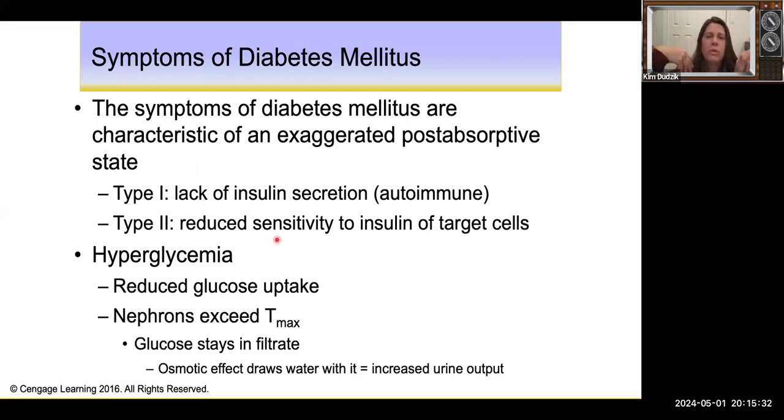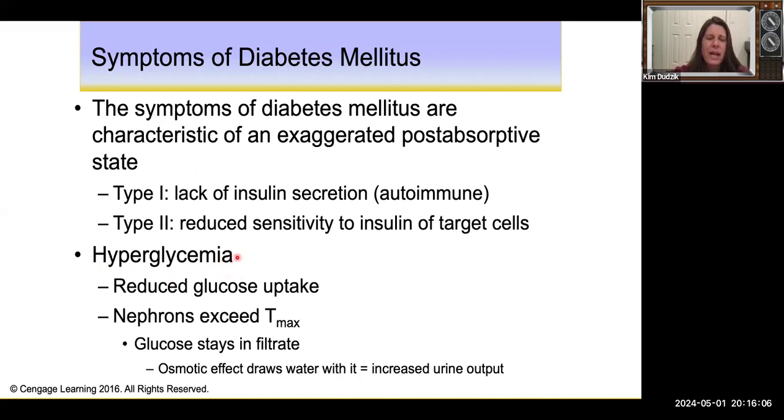They start to move their receptors out because it's too much going on. So if you remove those receptors and you're not responding to insulin, then you're not taking glucose out of the blood, and that leaves you with a high amount of glucose in the plasma. So both type 1 and type 2 diabetes, although they're caused by different things, end up causing the same problem, which is hyperglycemia.